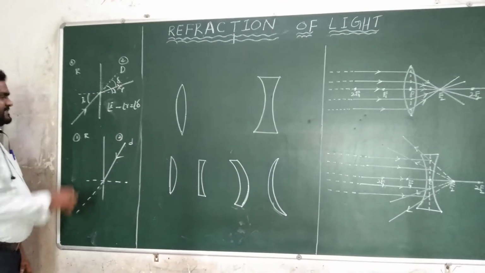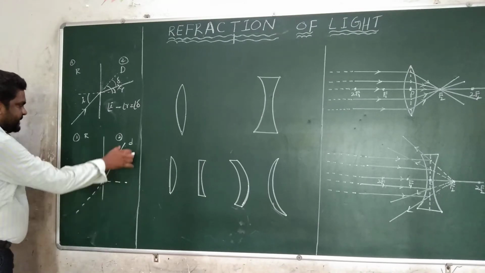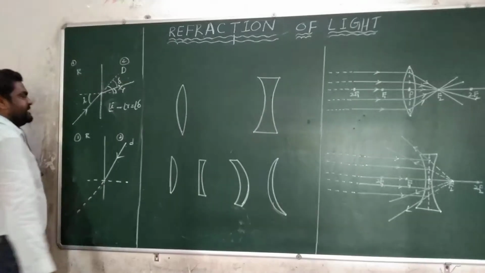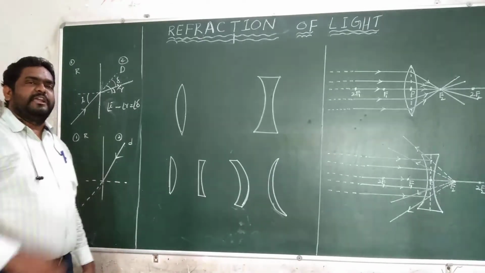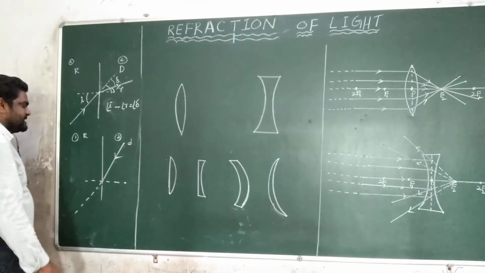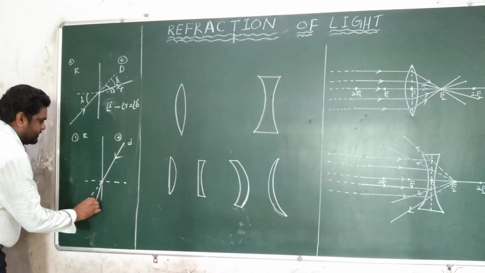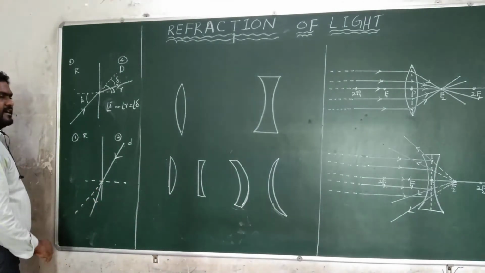The actual path of the light is like this, but when the light enters the rarer medium, the optical density is less. Due to that, the speed of light increases, and so the light bends away from the normal. This is the normal, this is the actual path of light, and it bends away from the normal.